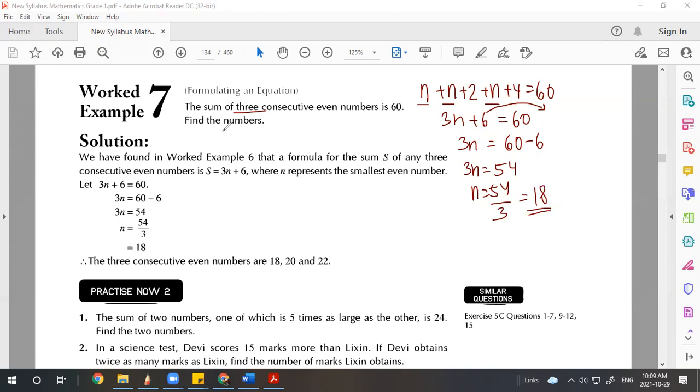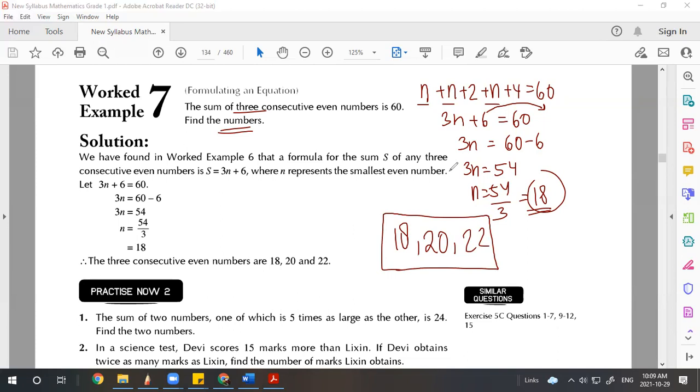So 18 is the smallest, 20 is next, and 22 is the last number. Okay, that's how you solve word problems using algebra.